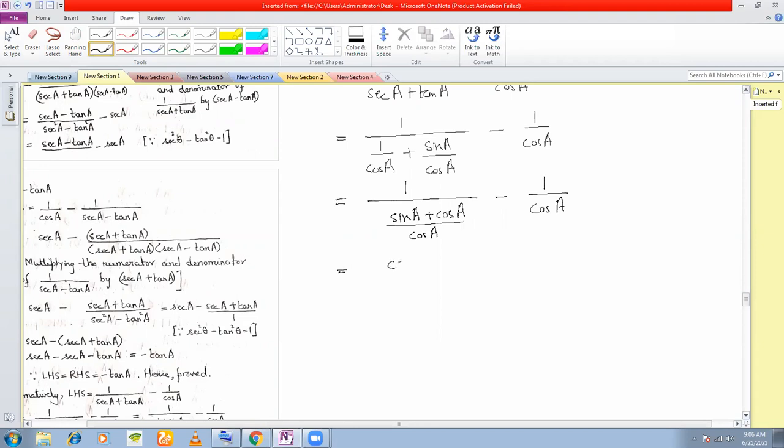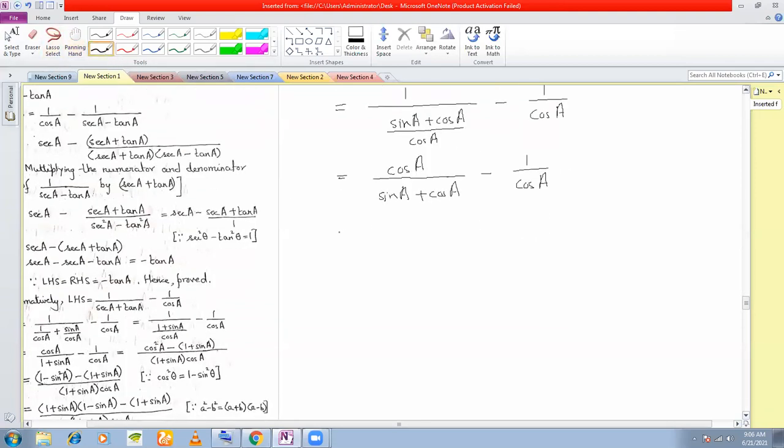Now what you can do is, you can write this as cos a by sine a plus cos a minus 1 by cos a. Now you take the LCM here once again. You get cos a into sine a plus cos a as your LCM.